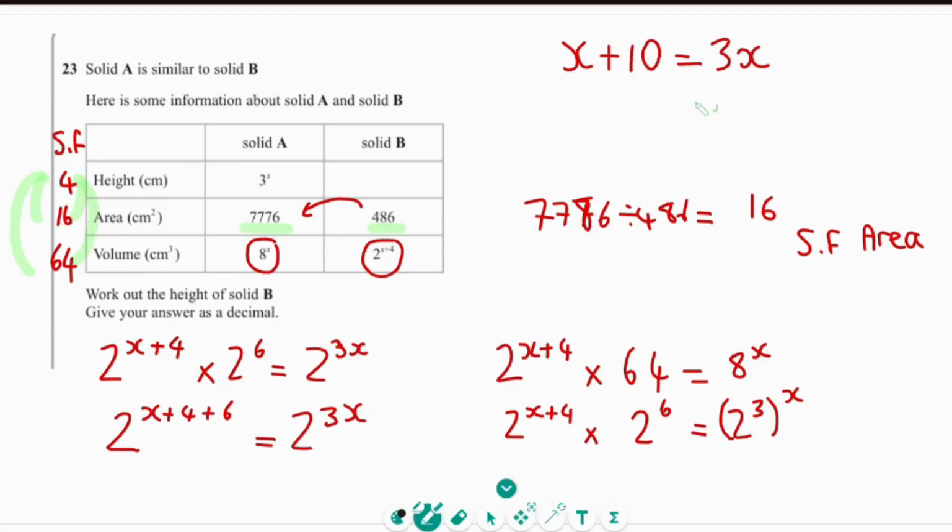Okay, let's solve this equation now. Let's take an x off both sides and divide both sides by 2, which gives us x is 5.